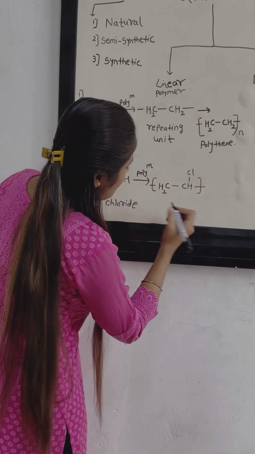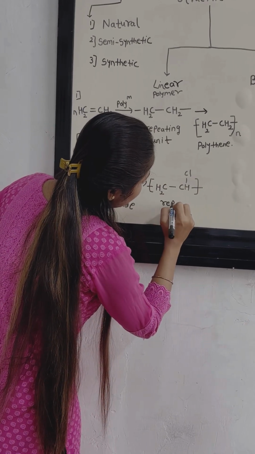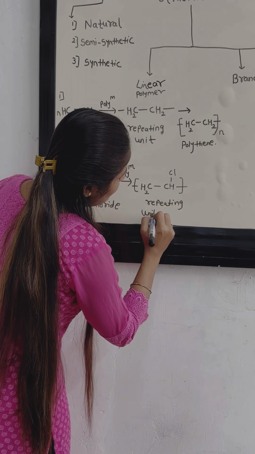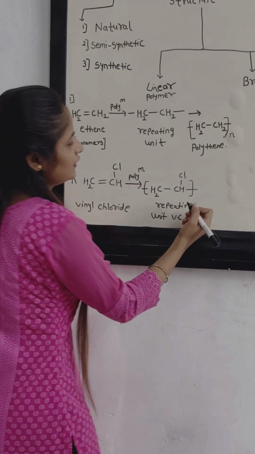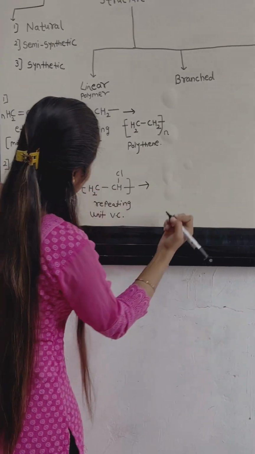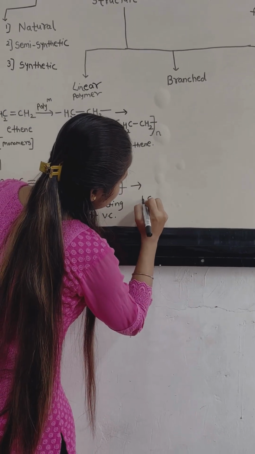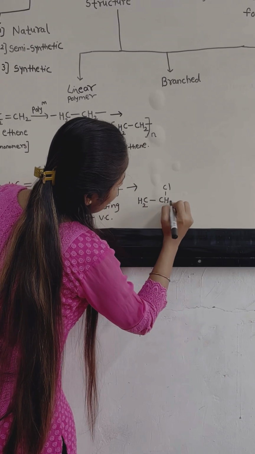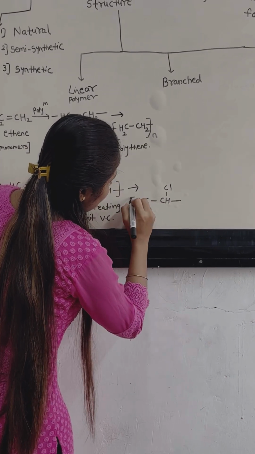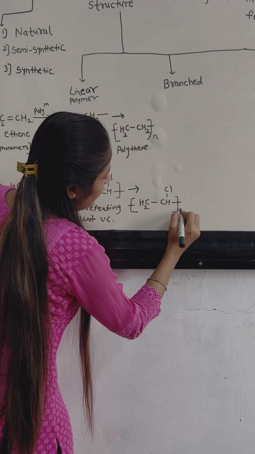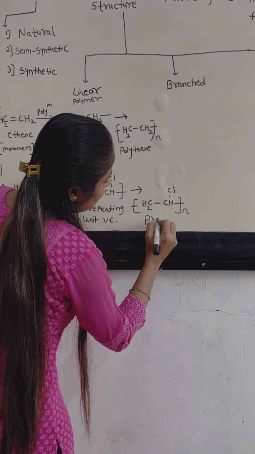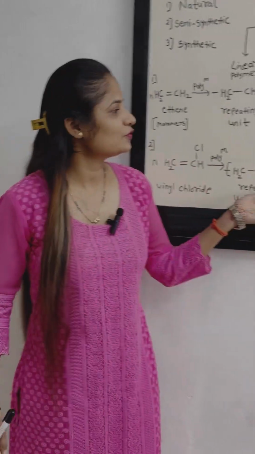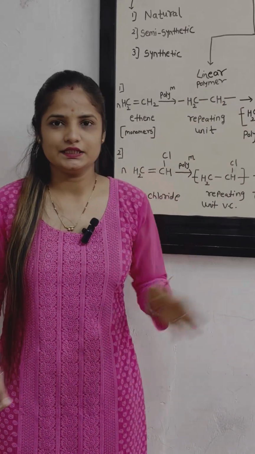It is a repeating unit of vinyl chloride. Then finally we get the PVC, CH2 CHCl, and here we write the bracket and n, that is the polyvinyl chloride. Okay, so these two are examples of the linear polymer.